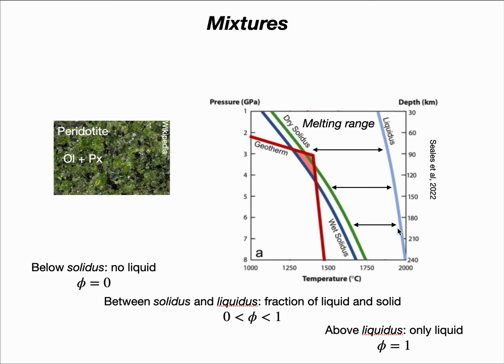At the liquidus, it means that if you reach the liquidus, everything has been molten. So all the components, all the contents of these rocks will be fully molten. So phi will be 0 below the solidus. Phi will be 1 above the liquidus and will vary between the solidus and liquidus.